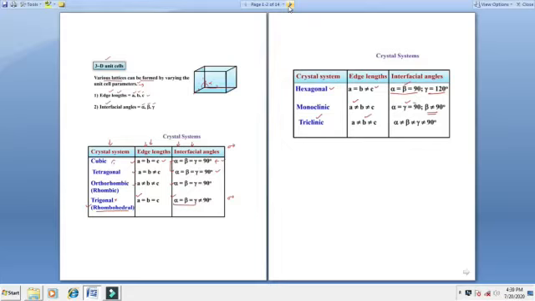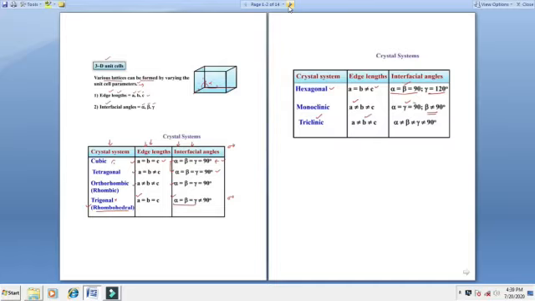Third category is orthorhombic. All the sides are unequal. a is not equal to b, b is not equal to c, but the interfacial angles are equal. Alpha equals beta equals gamma, which is equal to 90 degrees. The fourth category is trigonal, which is also called rhombohedral.